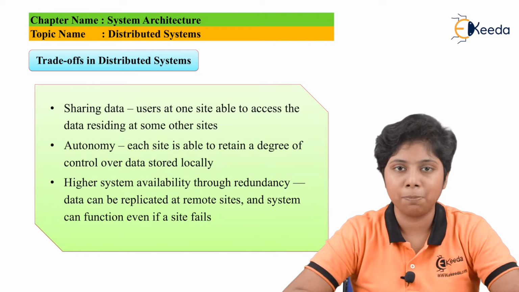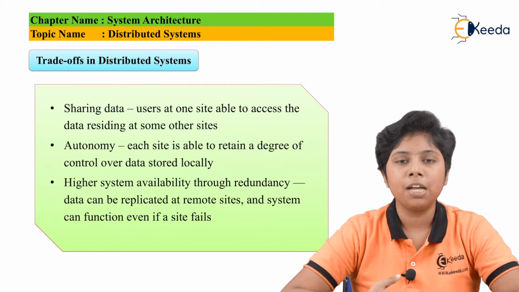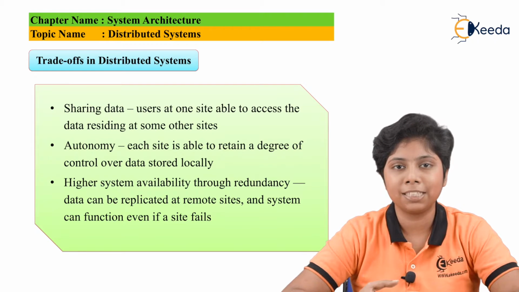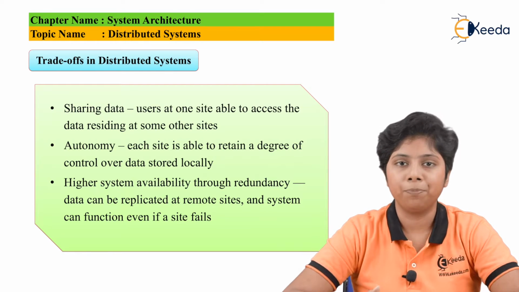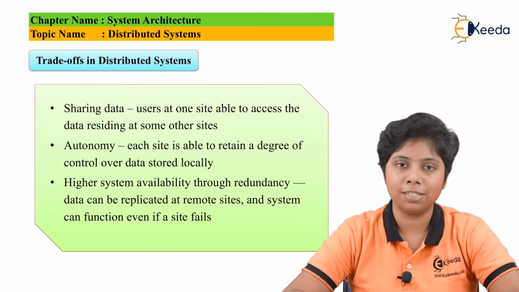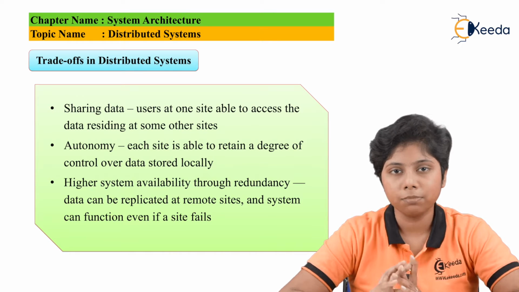Now what happens if there is no autonomy that we can provide at the university level or the distributed system? Then there will be a problem. So we can provide two types of autonomy to this distributed system: one is local autonomy, another is global autonomy.